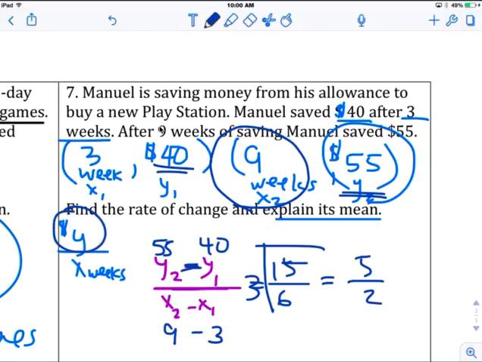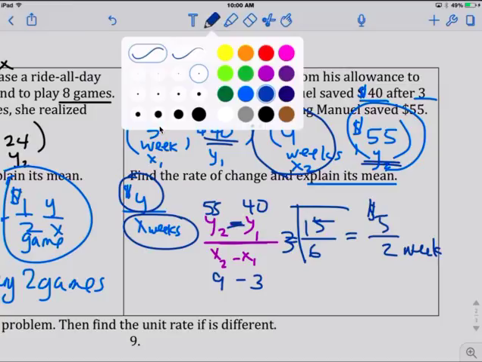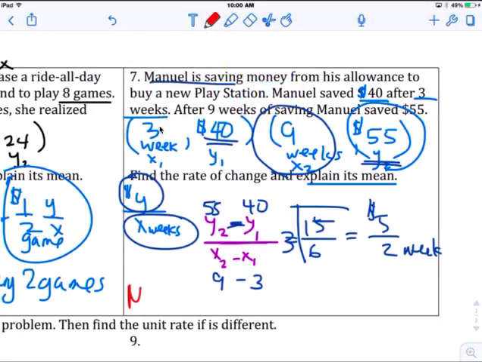And y on top is the dollar, on bottom is weeks. Manuel is saving $5 every 2 weeks.